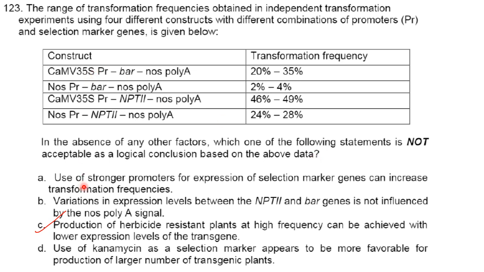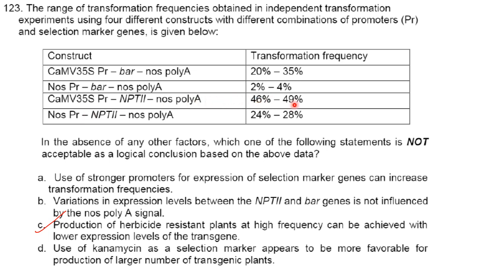So first one, use of strong promoters for expression of selection marker genes can increase transformation frequencies. So when the BAR gene and NPT2 gene are placed under the CaMV35S promoter, that is a constitutive and strong promoter, the transformation frequency is higher than that of the BAR gene and NPT2 gene under the control of the NOS promoter.